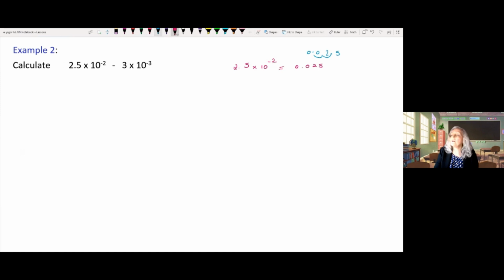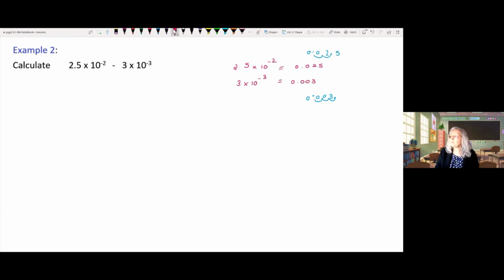And then the other one that I've got here is 3 multiplied by 10 to the power of minus 3. So that one, I'm starting with a 3. It's a small number. So 1, 2, 3. That is 0.003.